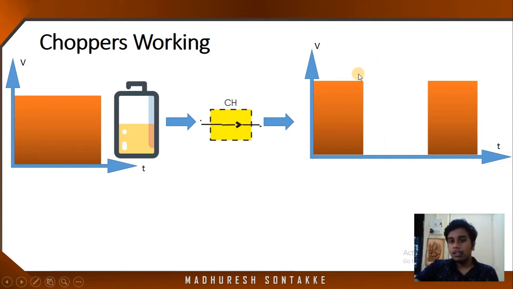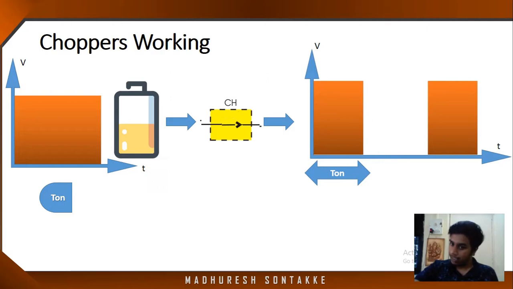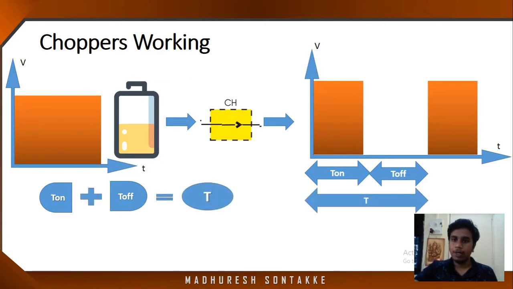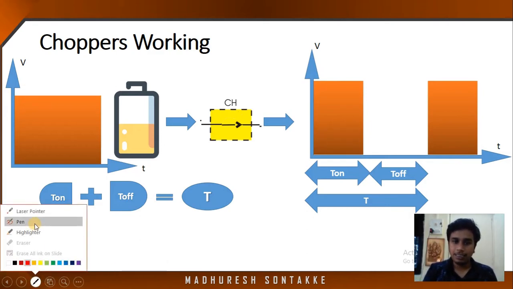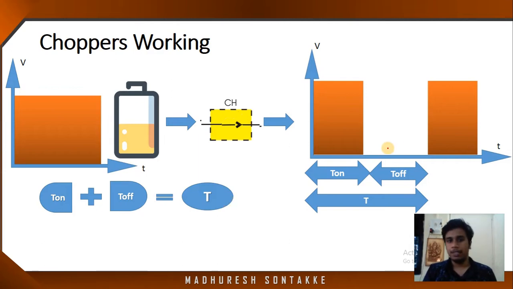When the voltage was present, whenever the switch was closed, that period is considered as T on period, and when the switch was in off condition, that is considered as T off period. And the total combination of T on and T off period is your total time period, because after this total time period the waveform repeats itself. That's why it is considered as total time period.